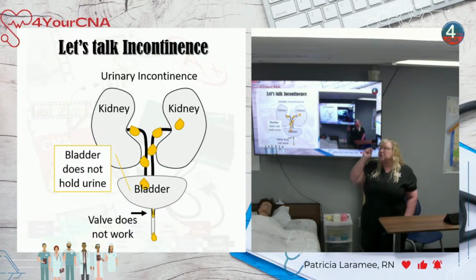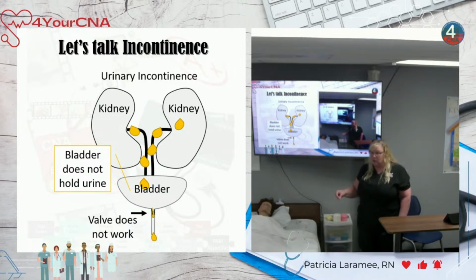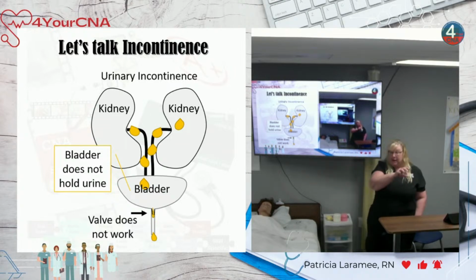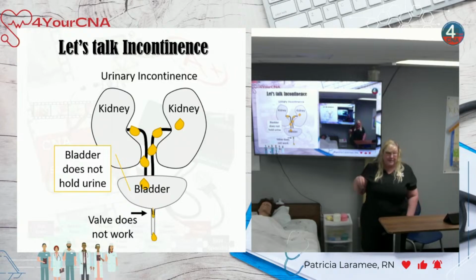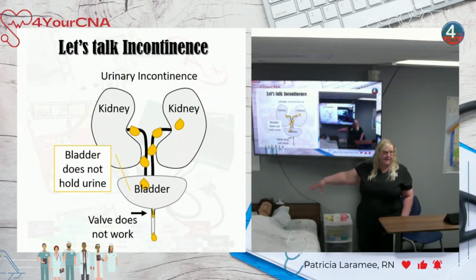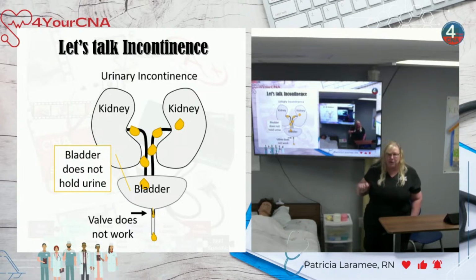And this is such a big deal that when the state comes in and does their annual surveys, we have to assess the patients when they come into a facility. So when this patient gets admitted to my facility, I have to do an assessment. I've got to write down whether they're incontinent or not.